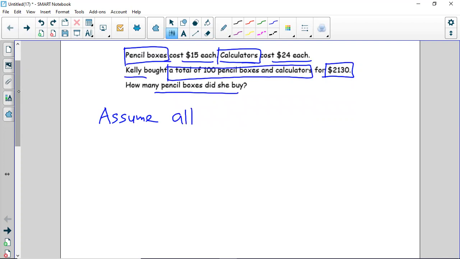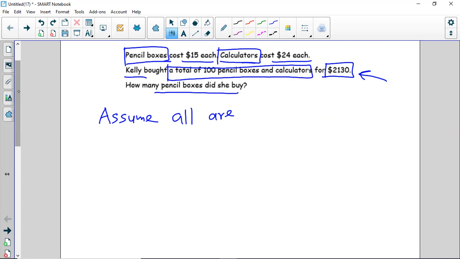One of the very common mistakes that students make is they assume the total, which is the all, for the amount of money. So they assume all the money. Students make the common mistake of putting the wrong total.